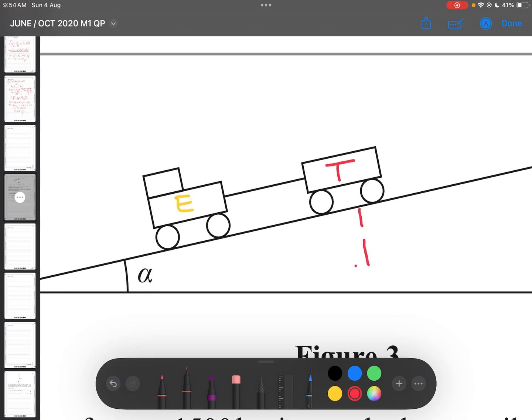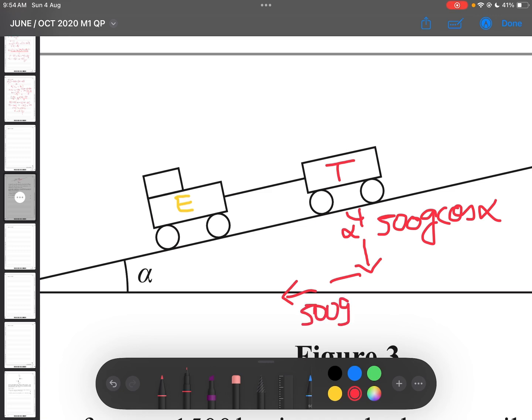So this is going to be theta. This was 500, so 500 g cos theta, and this is going to be 500 g sin theta. There is a normal reactive force acting, which I'm going to give as N, and it has a resistive force acting as well, which is 500 newtons.